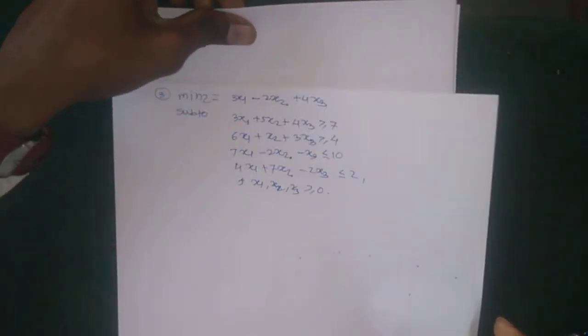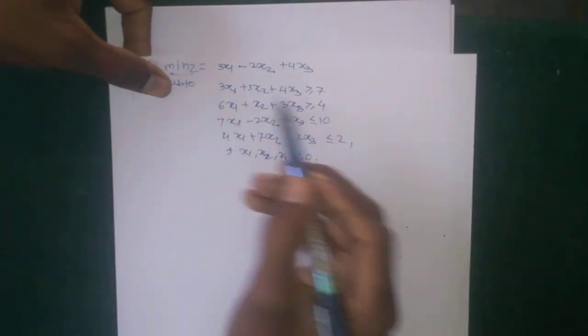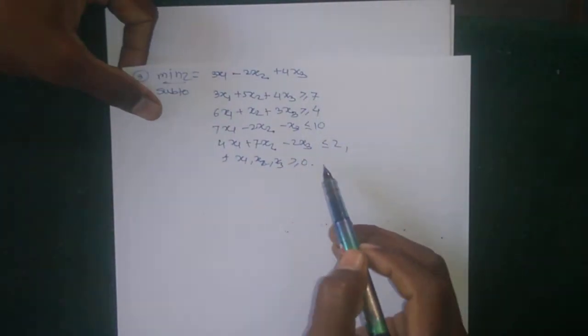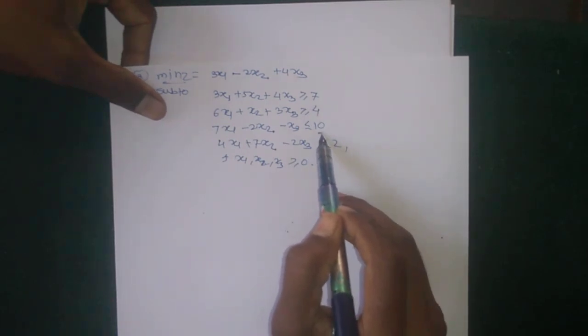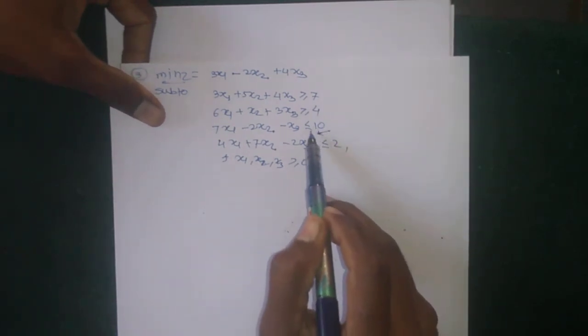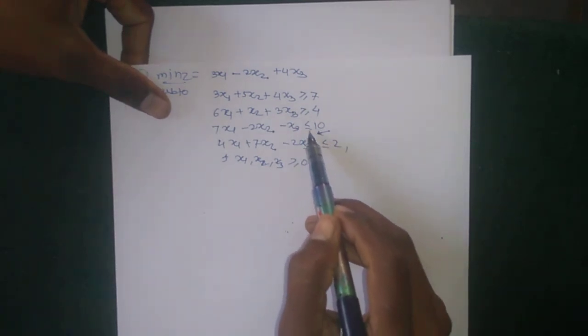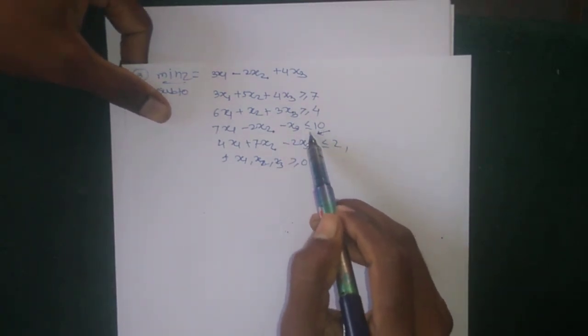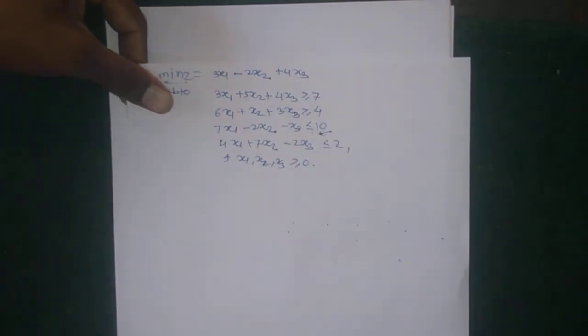So here the objective function is minimize type. Here not all constraints are greater equal type; this constraint is less equal type, so convert it into greater equal type, convert it into greater equal 10.